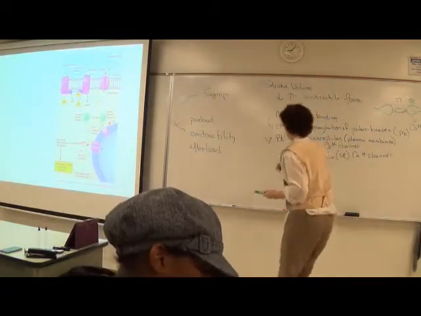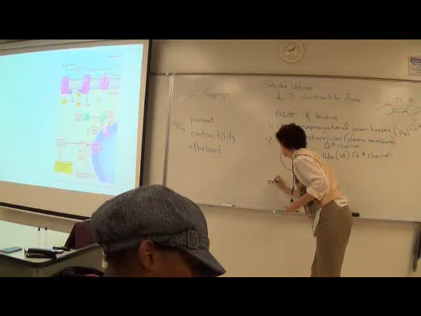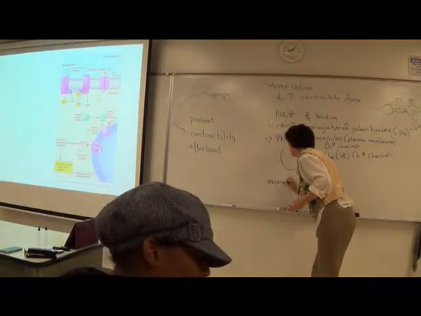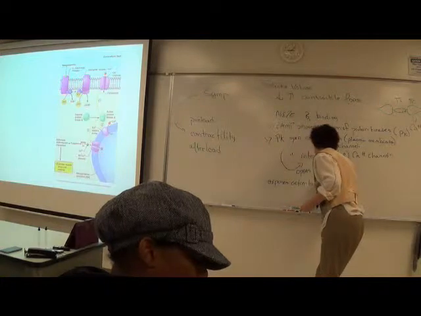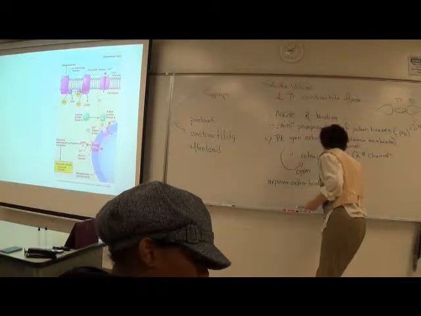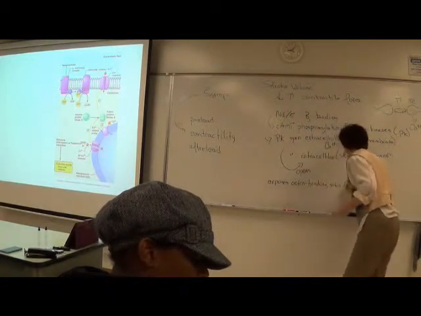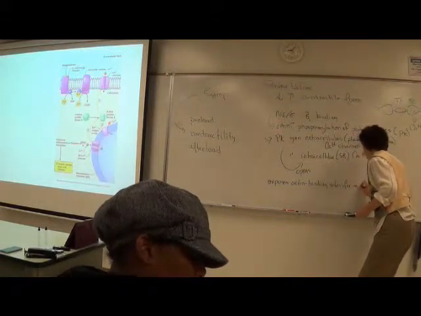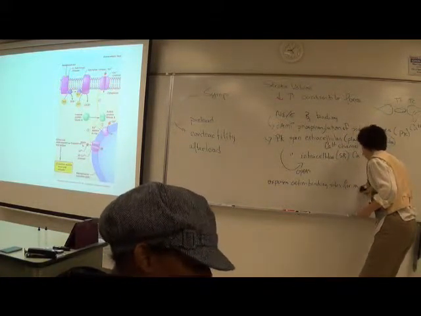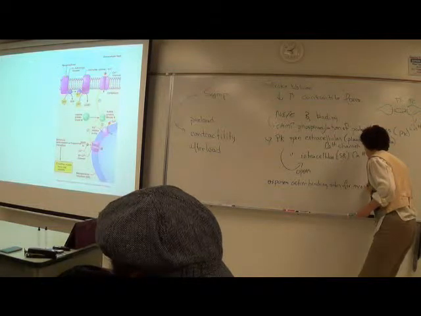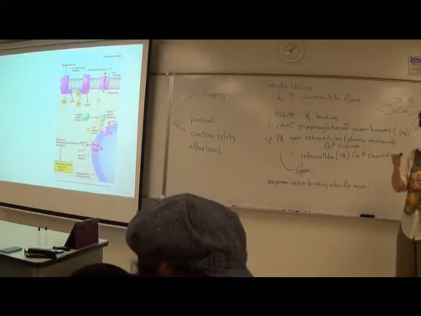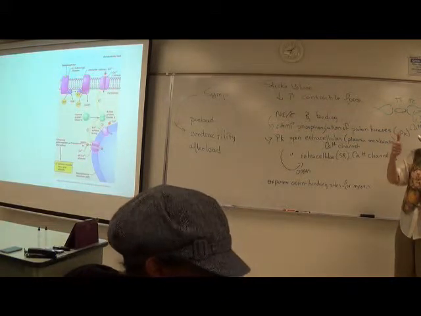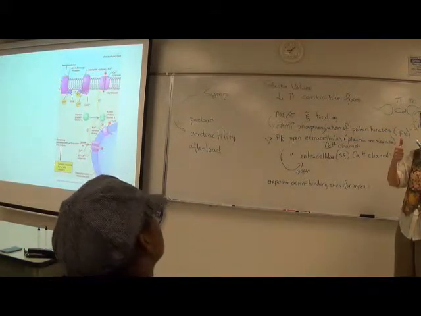Right? So this exposes actin binding sites for myosin. And we have contraction as a result. The more myosin molecules pull on actin, the greater the force of contraction. Okay.